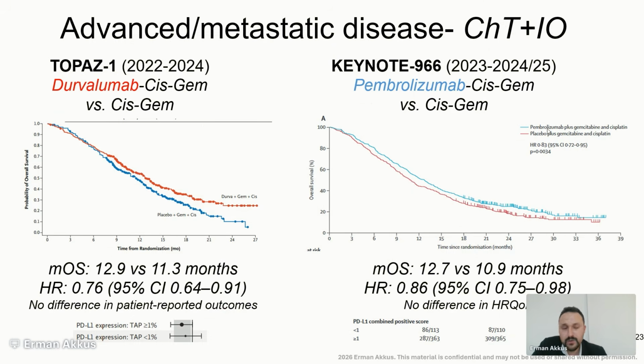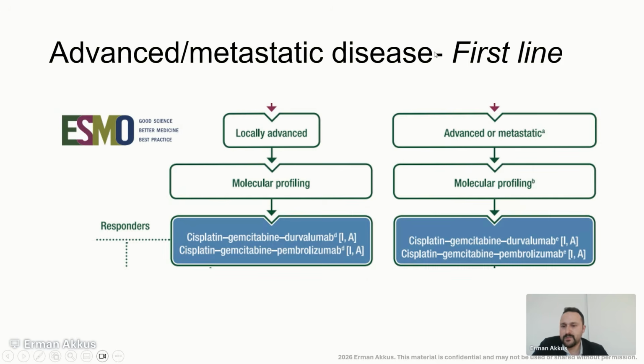So these two regimens became the standard recommendation for first-line treatment. As a note, PD-L1 expression was not a biomarker for treatment selection in these trials. So based on the ESMO guideline and other guidelines, as I said, the first-line treatment is now cisplatin gemcitabine plus immunotherapy.